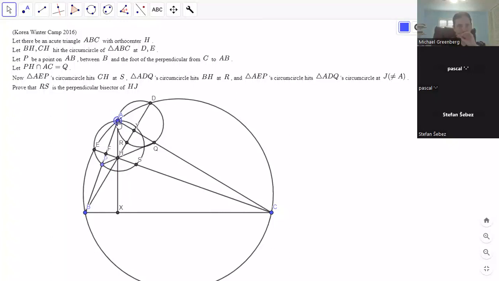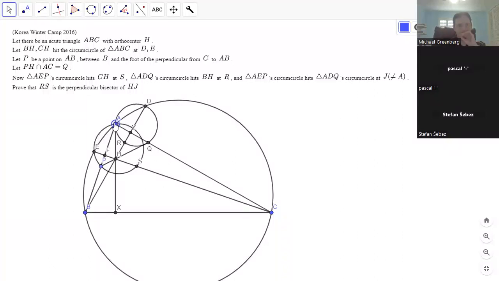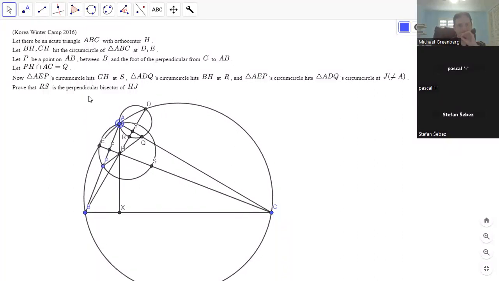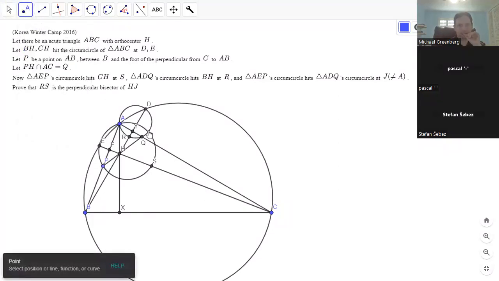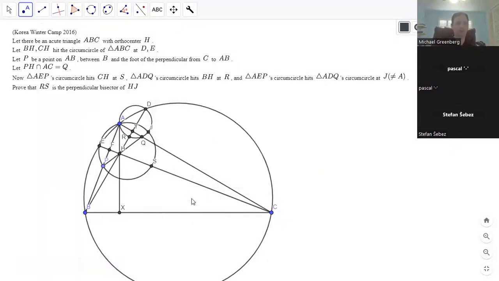It looks like they intersect on PQ, so maybe that's not hard to show. They intersect at J, which looks like it lies on the line PQ. And we want to show that RS is the perpendicular bisector of HJ. Is that true?